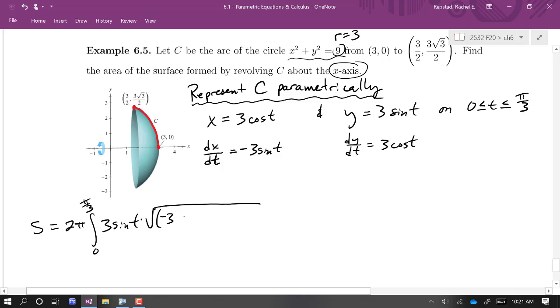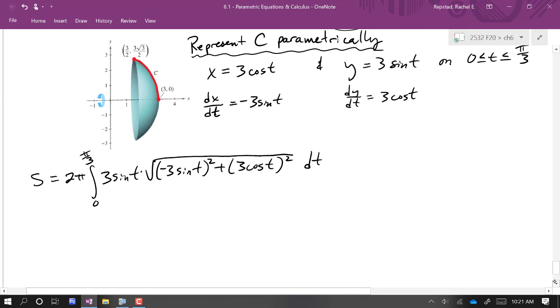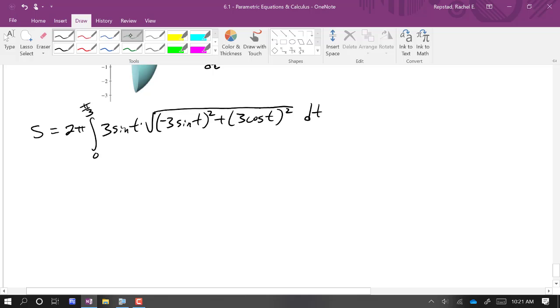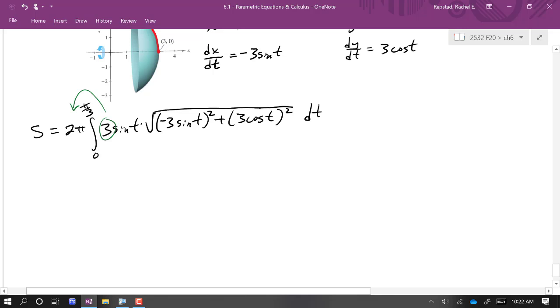So minus 3 sine t squared plus 3 cosine t squared. Going to take out this factor of 3. So we've got 6 pi times the integral from 0 to pi over 3.